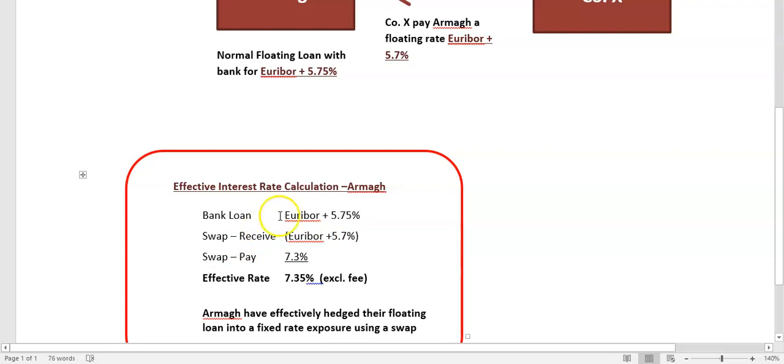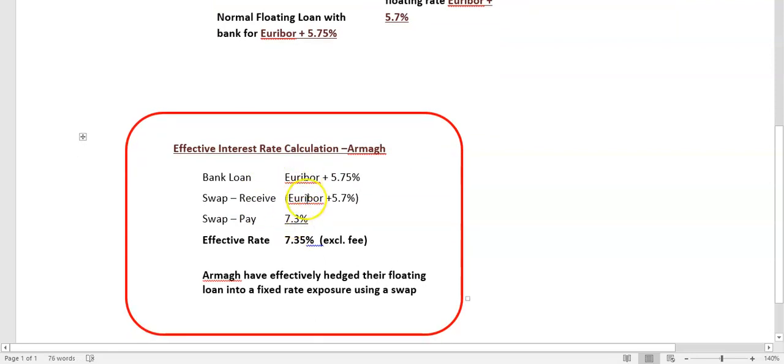So you can see what happens to the swap now. These two cancel, and you're left with a net payment of 0.05%. Euribor cancels with Euribor, 5.7 cancels most of 5.75. So the net effective rate you're left with, excluding the fee, is 7.35%.